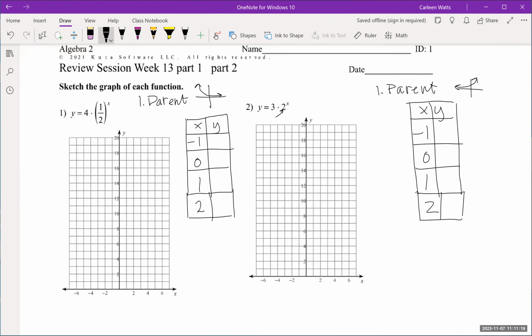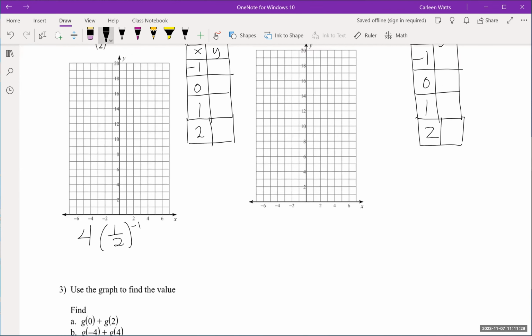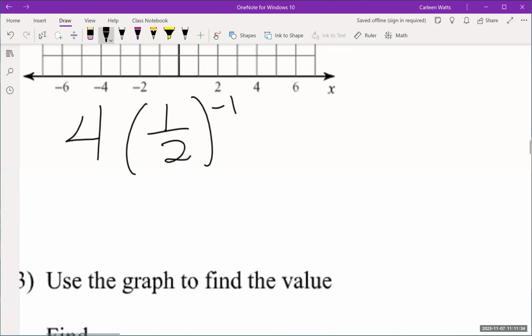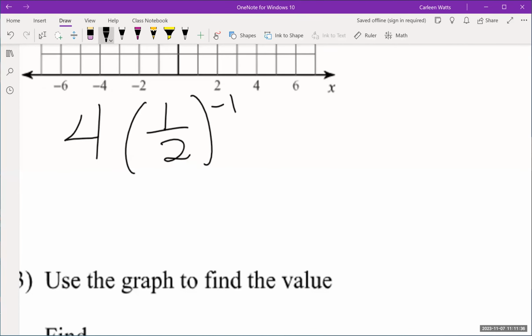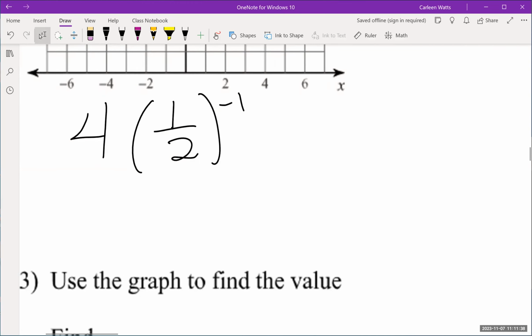So we're going to plug in -1. What does a negative exponent do to a fraction? I don't know.